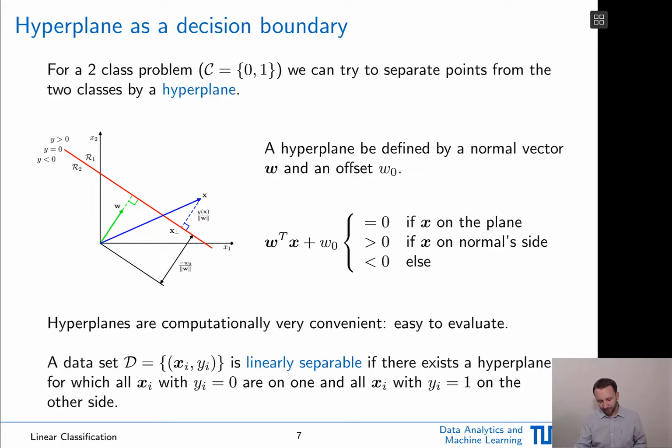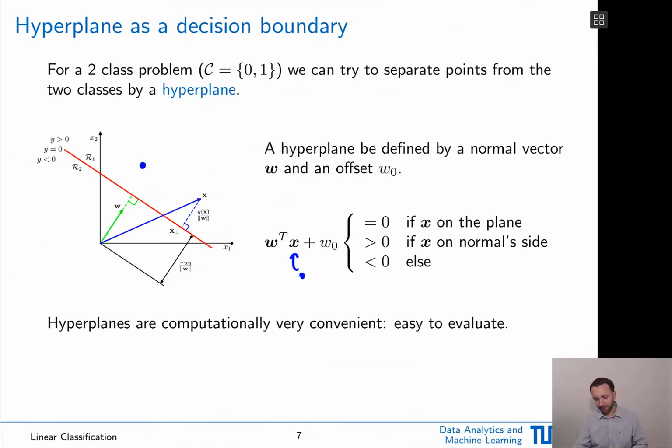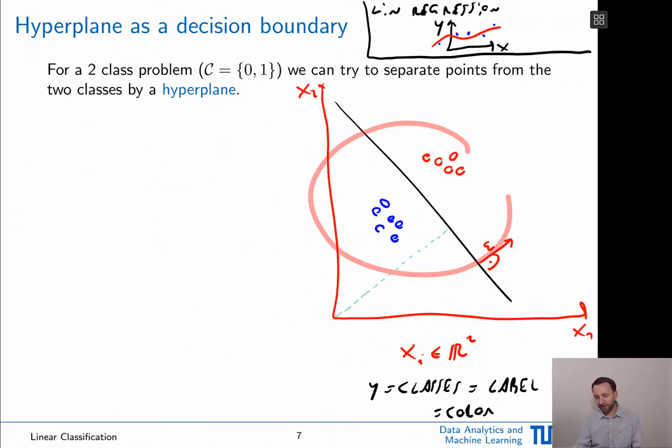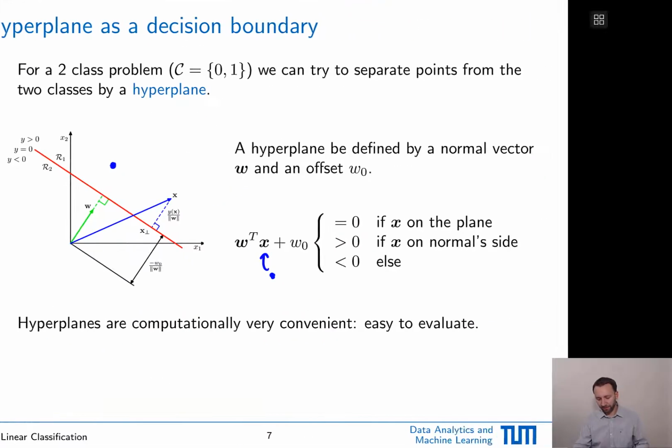Meaning all X's which are in class 0 are on one side of the hyperplane, and all X's which are in class 1 are on the other side of the hyperplane. So it's a statement about existence. If you can find such a hyperplane, then your data set is linear separable.